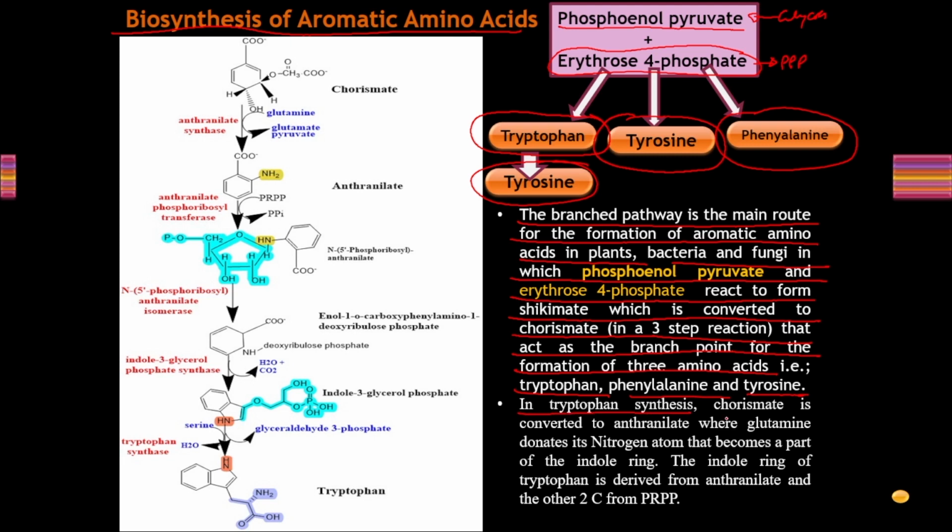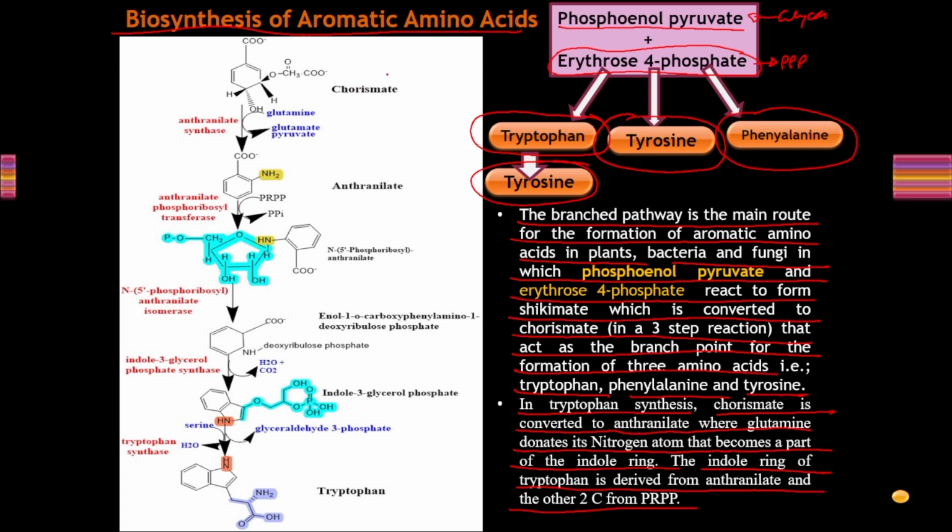In tryptophan synthesis, the chorismate is converted into anthranilate, where the glutamine donates its nitrogen atom that becomes a part of the indole ring. The indole ring of the tryptophan is derived from the anthranilate and the other two carbons from the PRPP.